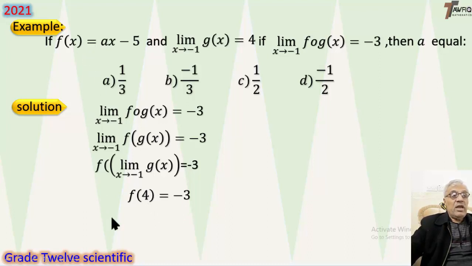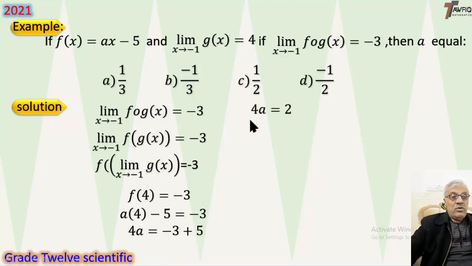It becomes a times 4 minus 5 is equal to minus 3. Then 4a is equal to, taking minus 5 from left to right, minus 3 plus 5. Then 4a is equal to 2, and dividing by 4, a is equal to 1 over 2.